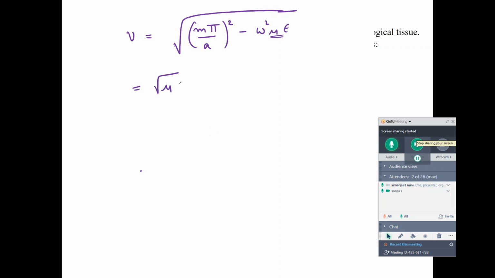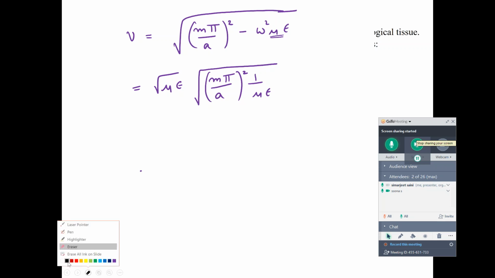So I can write this as square root of με, square root of (mπ/a) squared, 1 by the square of με, minus ω².